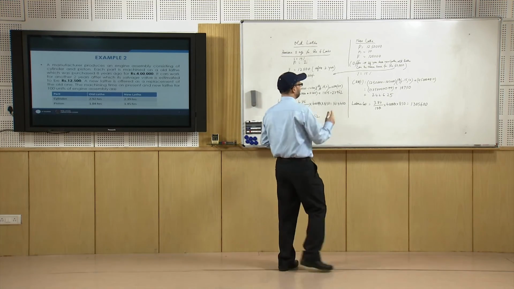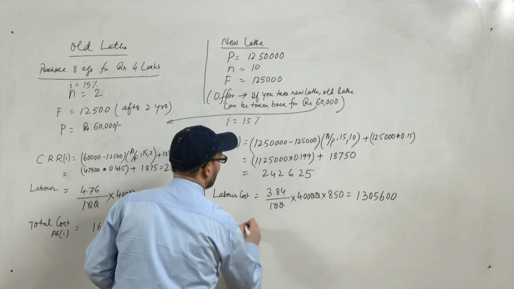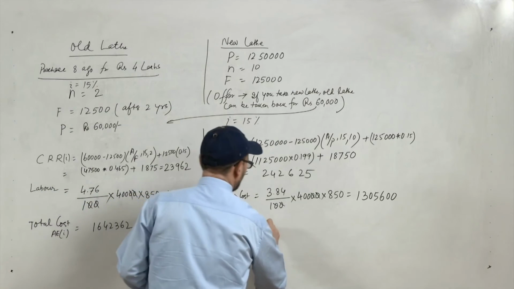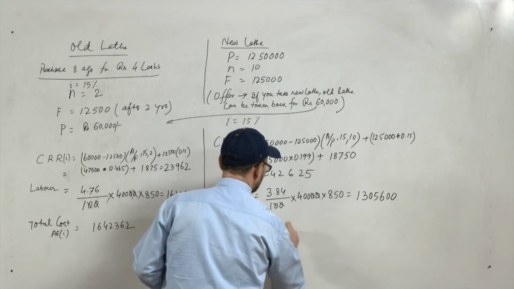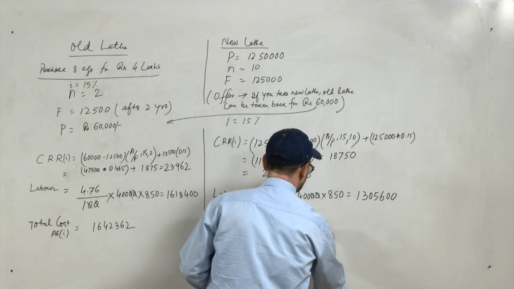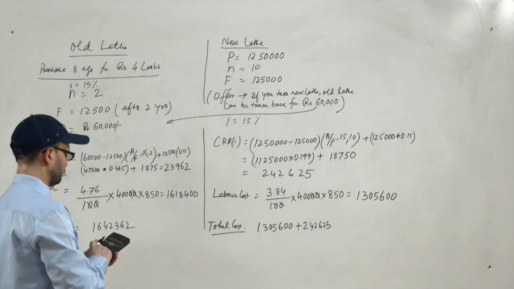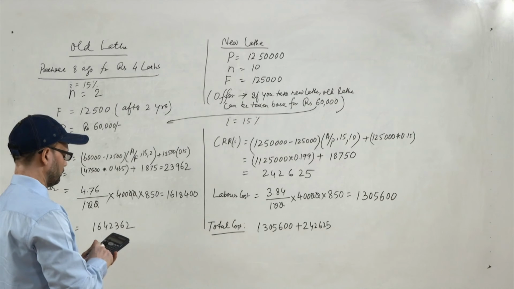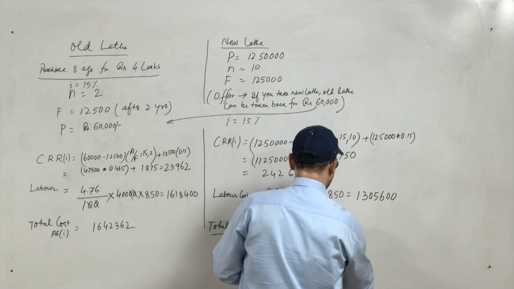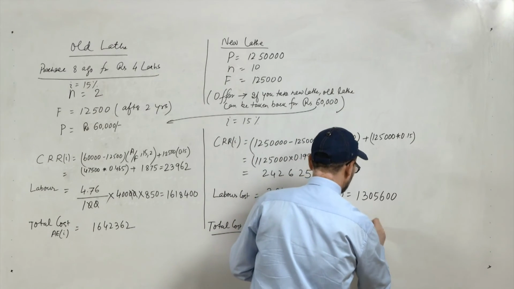So, if you add the total cost, 13,05,600 plus 2,42,625, that comes out to be 15,48,225.